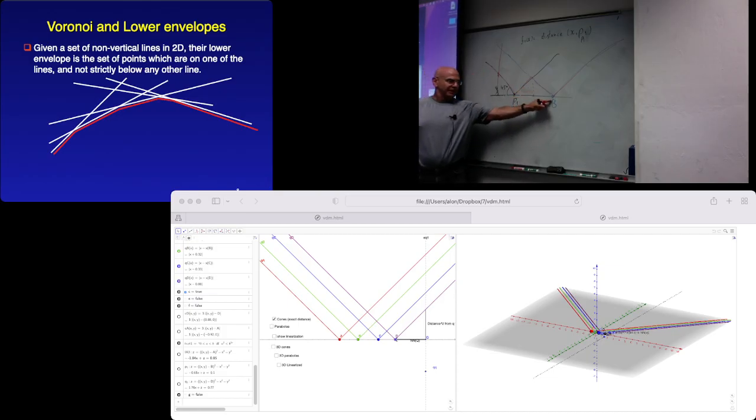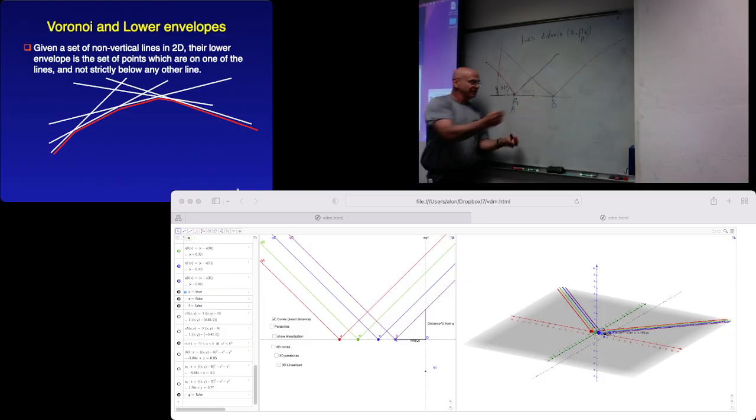Here I'm just equally distant from A and B. Moving more to the right, shooting upward will meet a segment of B. So B becomes closer. So once again, shooting upward, I'm just asking who is the first graph that I meet as I'm shooting my way upward for each point?